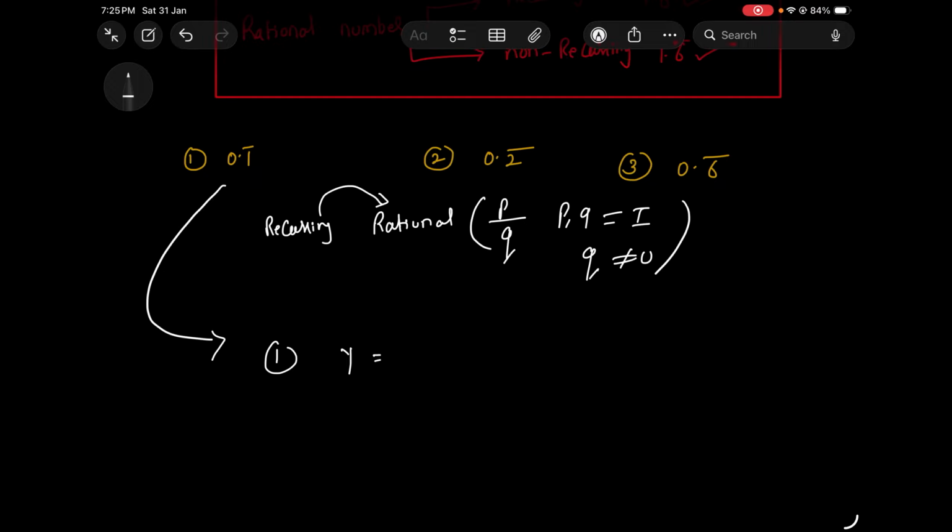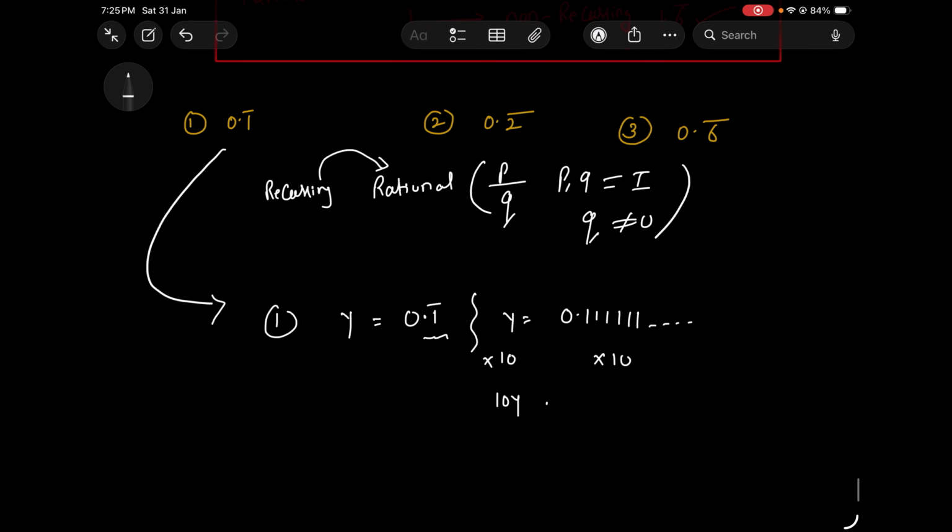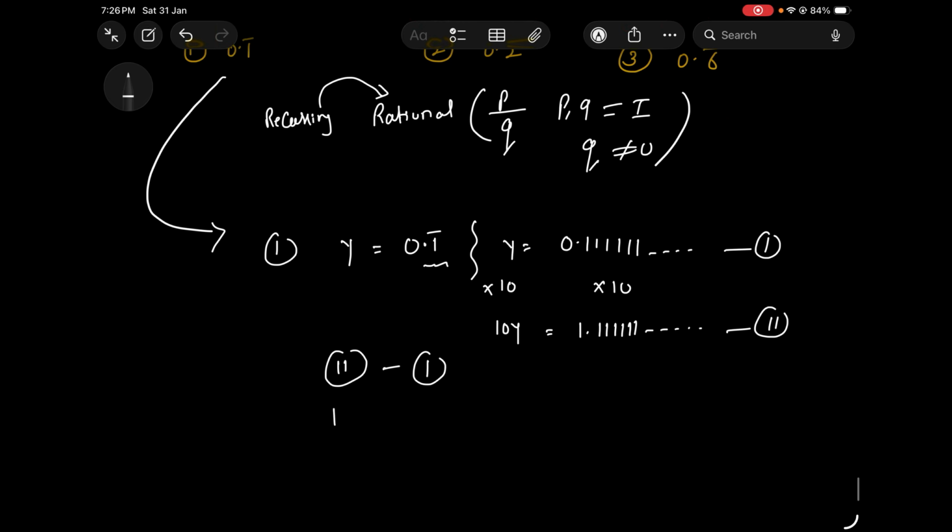So let's take question number first. Here we assume let y is equal to 0.1 recurring. We can write it as y is equal to 0.11111 dot. Now we have to check how many digits are recurring. Here only one digit is recurring. So we multiply both sides by 10. Now we have 10y and 1.11111 dot. This is our first equation, this is our second equation. Now we subtract first equation from second equation.